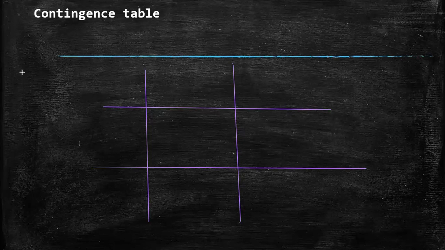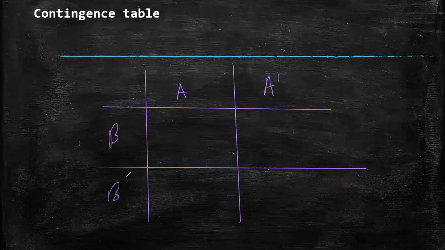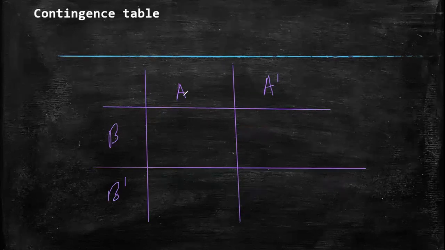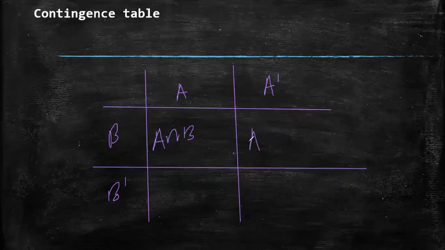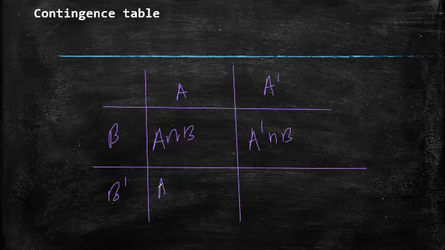So we say this is A, this is A prime, this is B, this is B prime. Then this area here, this intersection, is A intersection B. Then A prime intersection B. Then A intersection B prime. And then A prime intersection B prime.